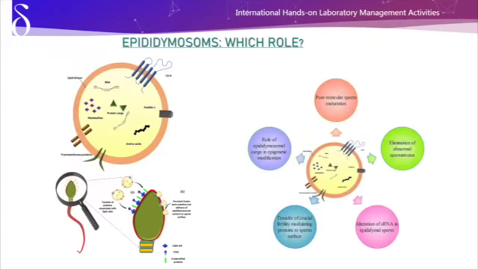So as I said before, the epididymis is producing many proteins, and these proteins are secreted within vesicles called epididymosomes. The epididymosomes have many roles.